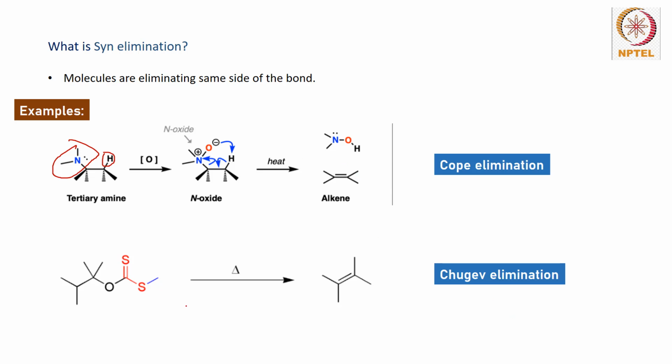Another is the Chugaev reaction, where this ester center is there and it will take the hydrogen on the same side. So these are called syn elimination.